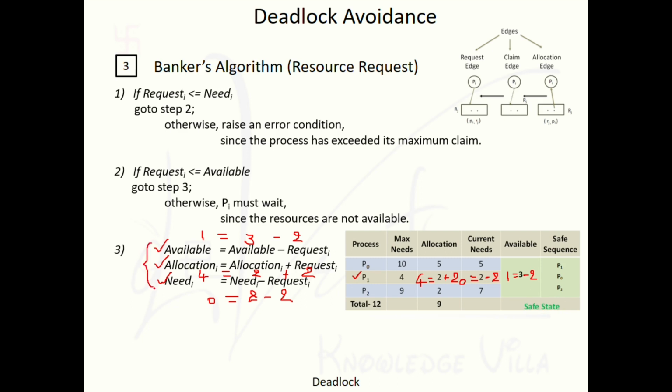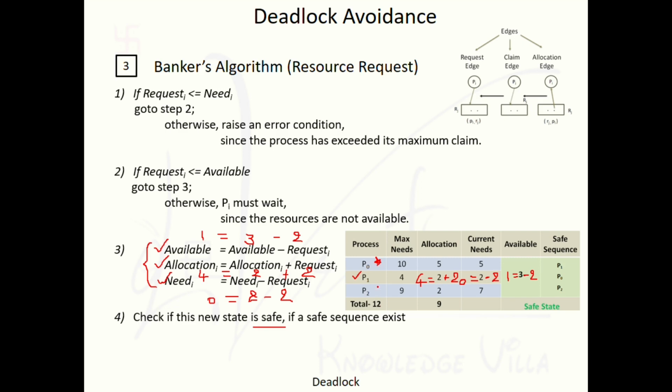Hope you are understanding all these 3 lines. If you have any doubt, you can comment in the comment box. Let's see now what we have to check, that is step number 4: check if this new state is safe. We have to check for the safe state. Suppose P1 is executed and completes its execution. Similarly, P0 also has to complete its execution, as well as P2.